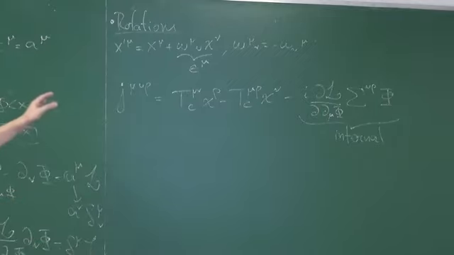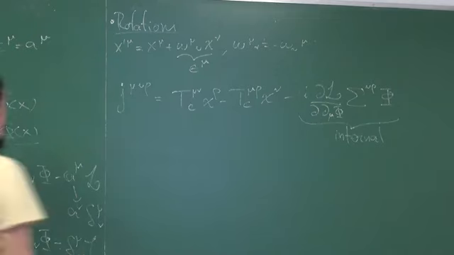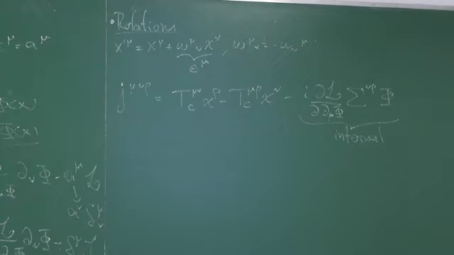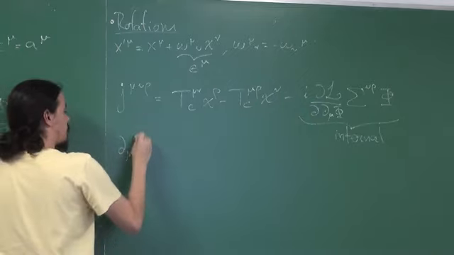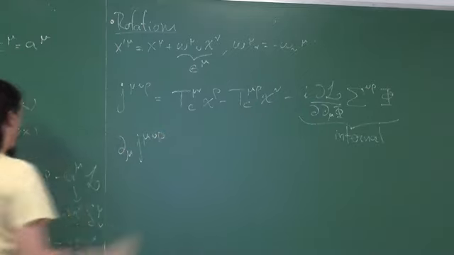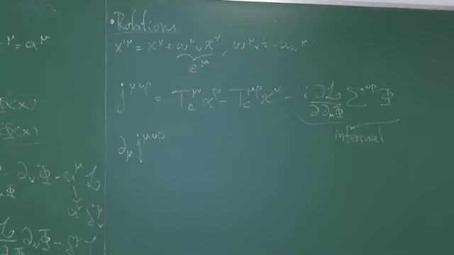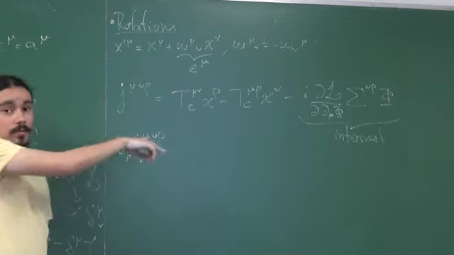Everyone has seen this. What does this imply for this current? Recall that it is a conserved current with respect to the first index in this convention, the one coming from the beginning here, not the nu or the rho.